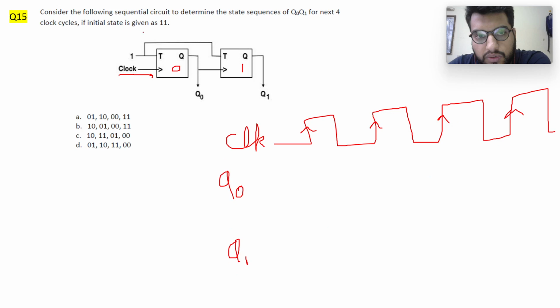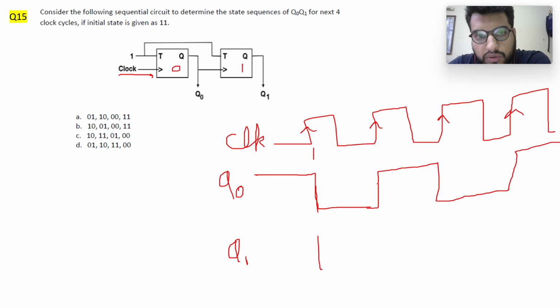My initial state is 1 1. At the first edge toggling will happen, again here toggling will happen, here toggling will happen, and here toggling will happen.